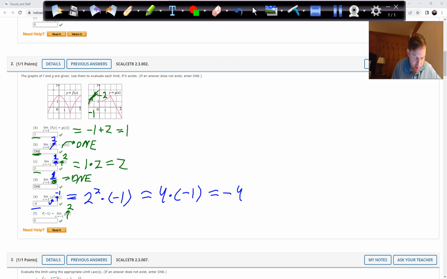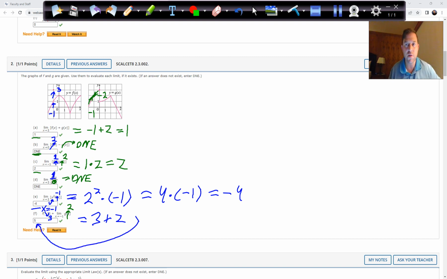F of -1 says let x equal -1, which is right here, and then go up till you get to the graph. So if you go up, the first thing you see is a hole, so you're going to skip past that. And you're going to go to where there's a filled in dot right up there, and that has a y value of 1, 2, 3. So this value is 3, plus this value is 2, so we get 3 plus 2, which is 5.